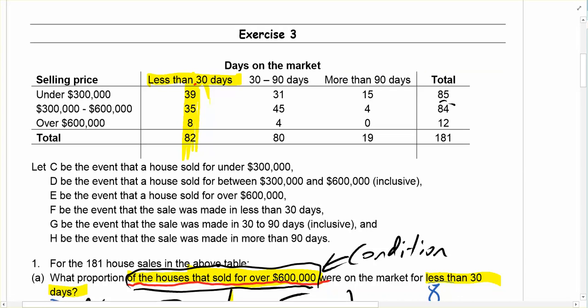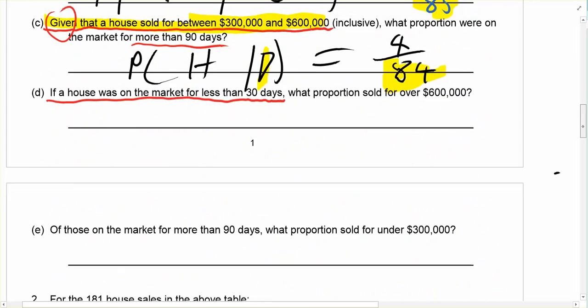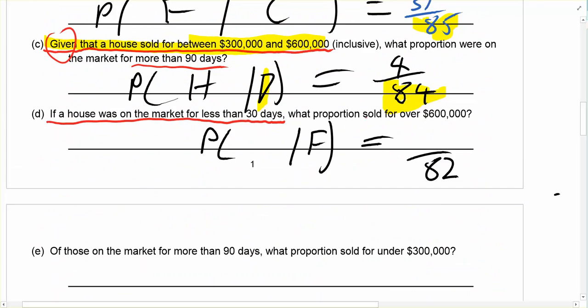And less than 30 days, what's the letter we're using? F. It's sold fast, F for fast. And so it's out of 82, and the condition is F. How many of those 82 sold for over $600,000?